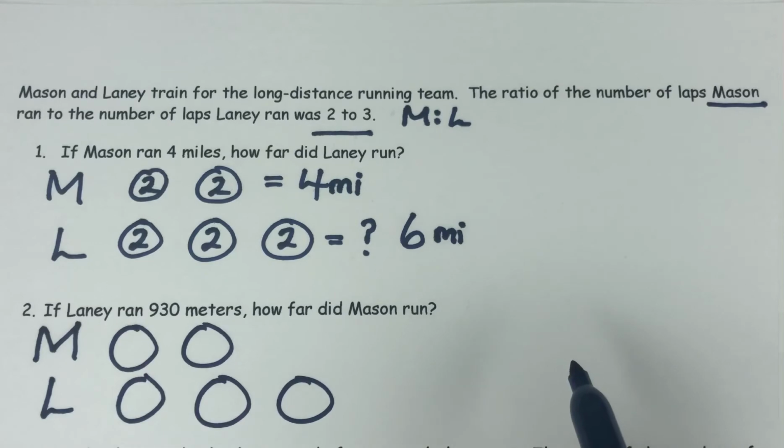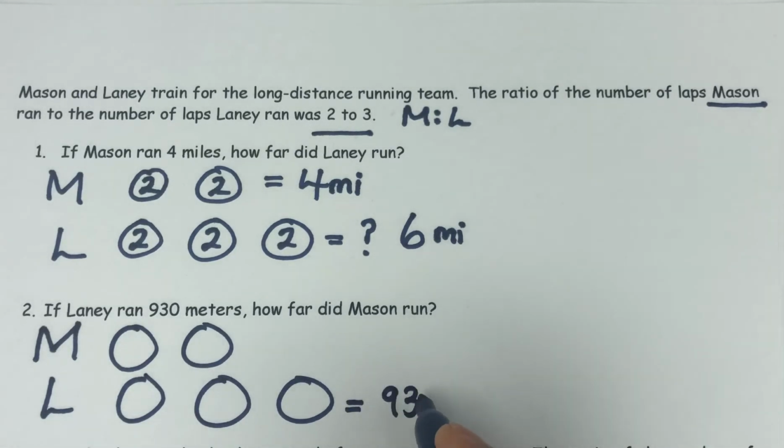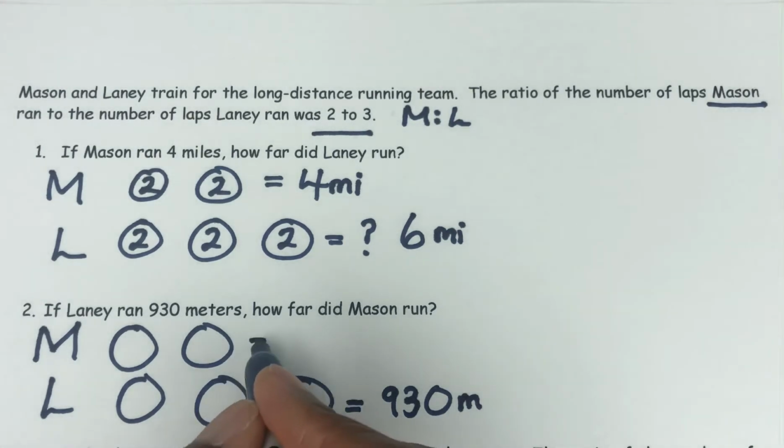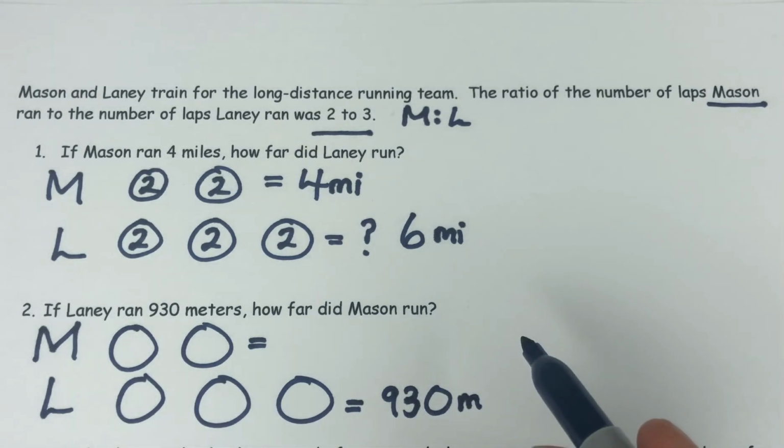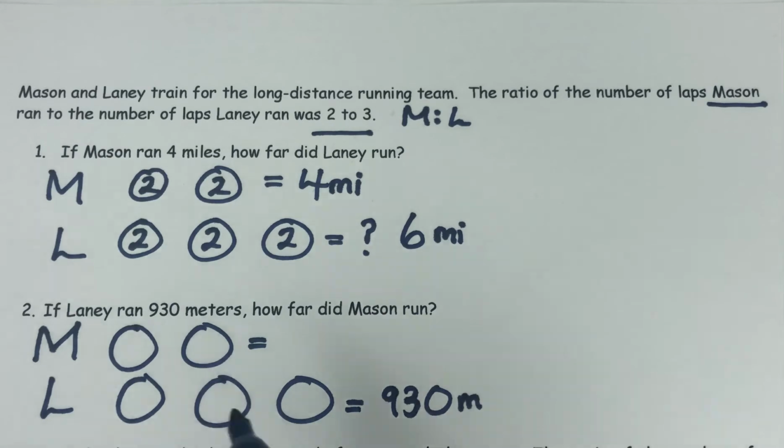And then it says Lainey ran 930 meters. So we have to include that there. Right? So if she ran 930 meters, how far did Mason run? So then now you can see that what we did here, the same thing. So 930 divided by 3, right? So we have to keep everything proportional. So you have to remember that ratios are to be kept proportional. So let's split it, right?